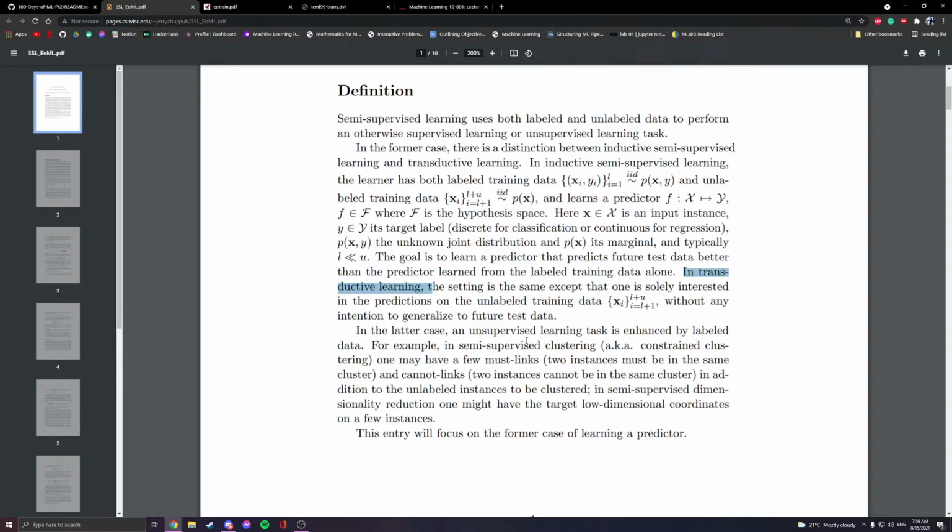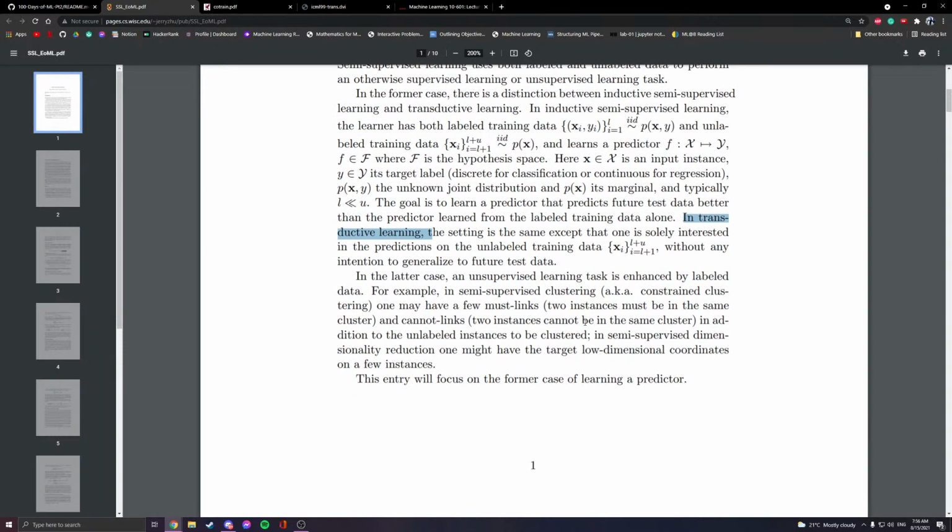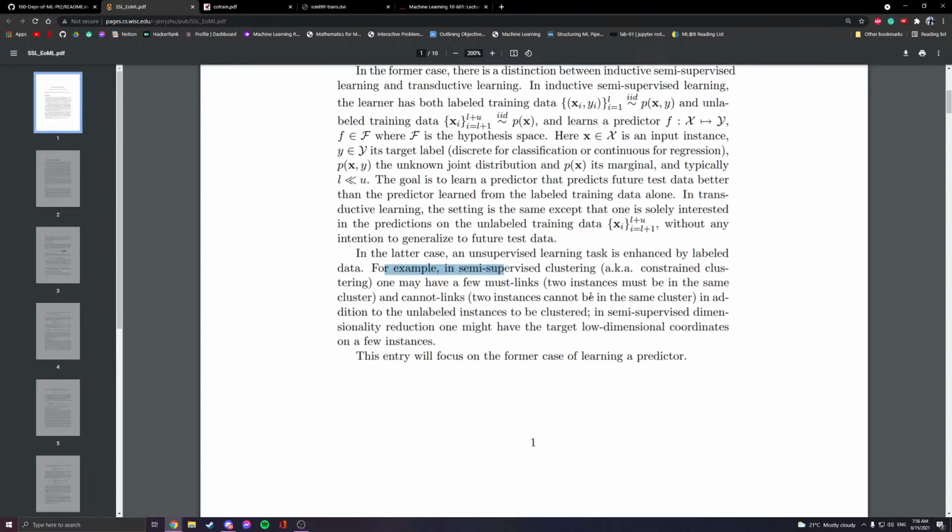Interesting. In the latter case, an unsupervised learning is enhanced by labeled data. Semi-supervised clustering.